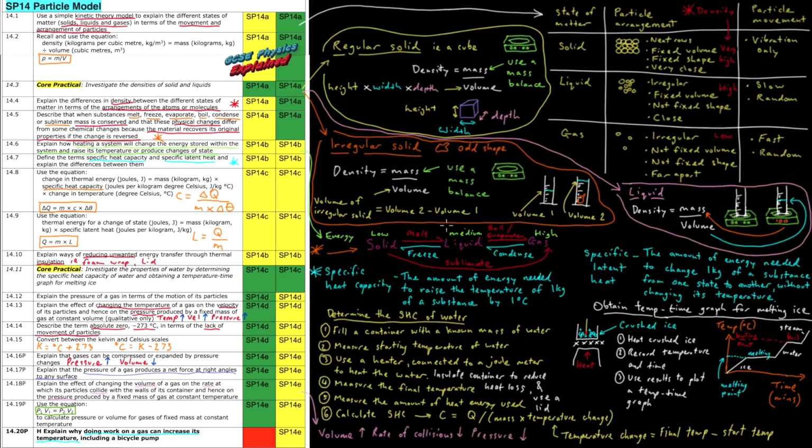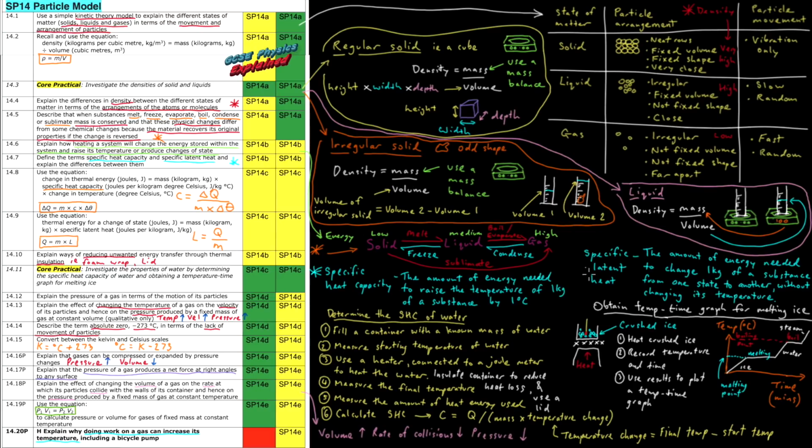Define the terms specific heat capacity and specific latent heat and explain the difference between them. Remember, it's only worth 1 mark. Well, specific heat capacity is the amount of energy needed to raise the temperature of 1 kilogram of a substance by 1 degree C. Specific latent heat, for 1 mark in an exam, is the amount of energy needed to change 1 kilogram of a substance from one state to another without changing its temperature.